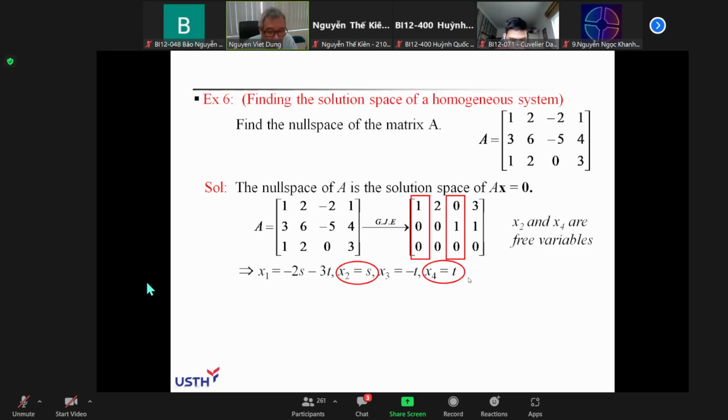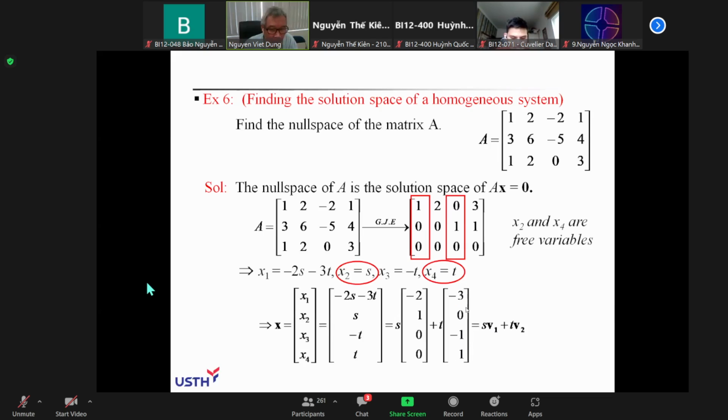So whenever we have that solution, you can write it as follows. The solution is x1, x2, x3, x4, with x1 to be that, x2 to be that, x3 to be that, and x4 is here. Then we write it as s times this vector plus t times that vector, or we can write it equal s v1 plus t v2.